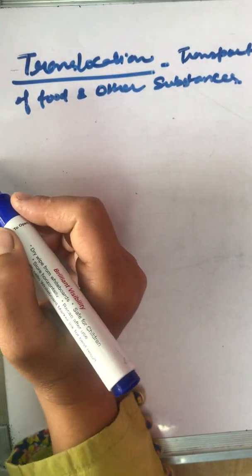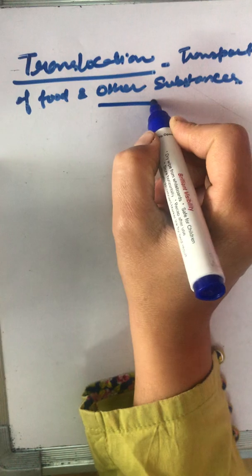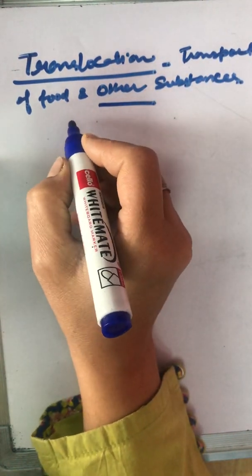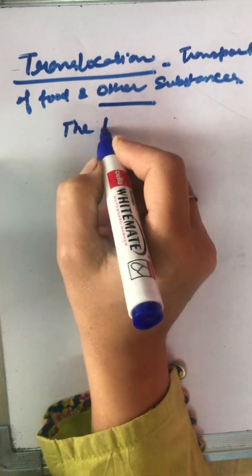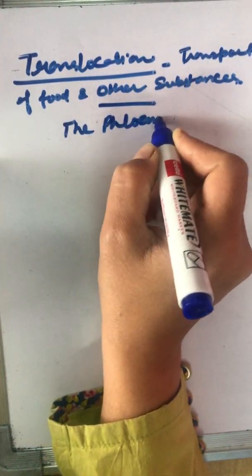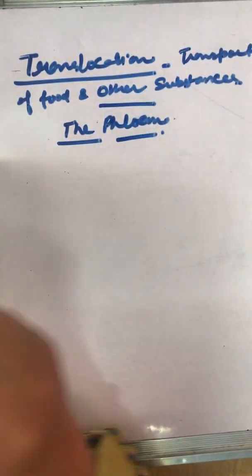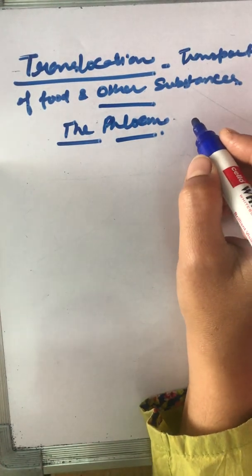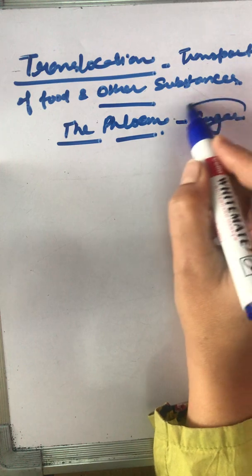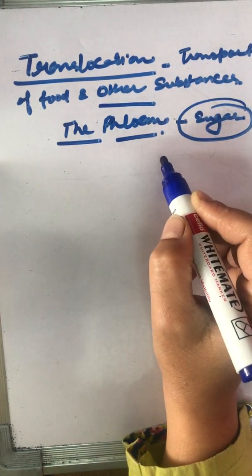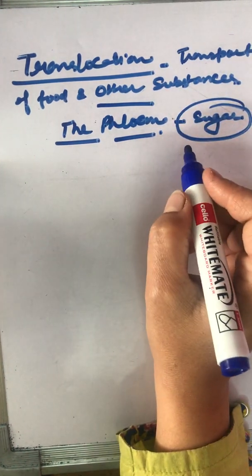See, translocation, a very wonderful phenomena for plants, because this takes place through the phloem vessels, which translocates sugar, where sugar is formed or synthesized by the process of photosynthesis.